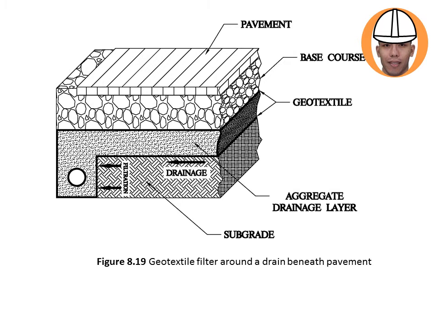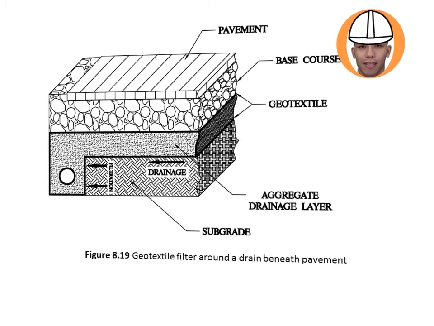Some portions should not mix. So you have here the geotextile, and then the aggregate, and then the subgrade. You don't want these two to combine, because there will be destabilization if you combine them. So the geotextile acts as a filter, to make sure that they are separated.